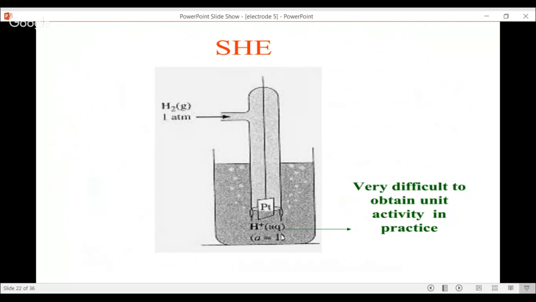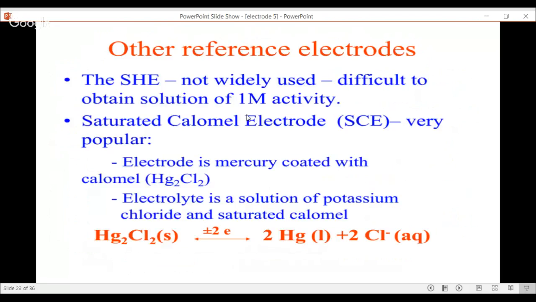That is why we are talking about molar, which is easily maintainable. Hydrogen gas is passed through this at 1 atmosphere pressure. So this is the standard hydrogen electrode construction. You simply take a glass tube, fuse a platinum wire and a platinum foil, and keep the bottom open, and the hydrogen gas is passed through the side tube that you have. This is the simplest design one can do.